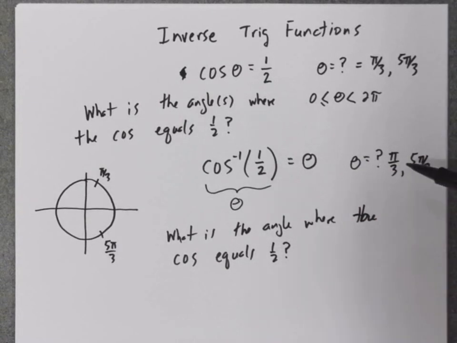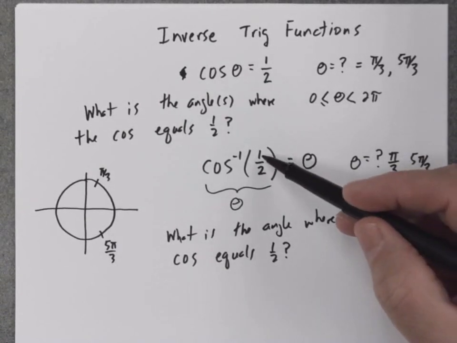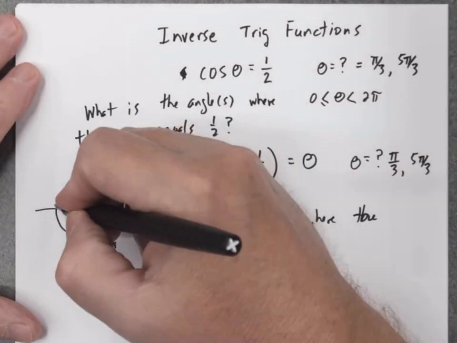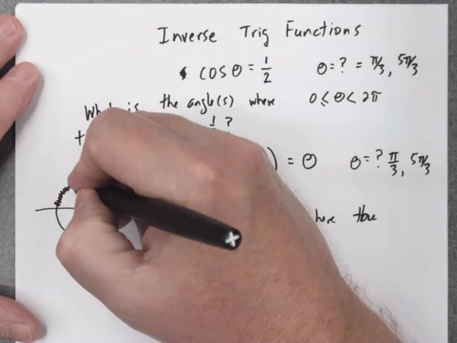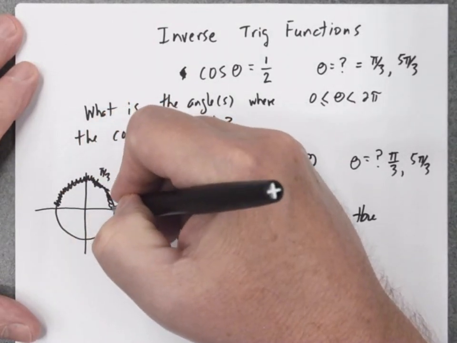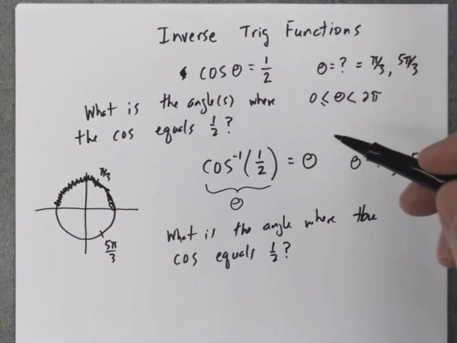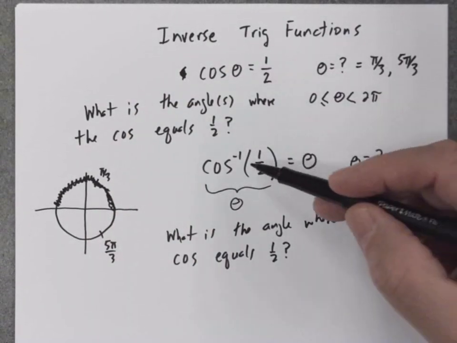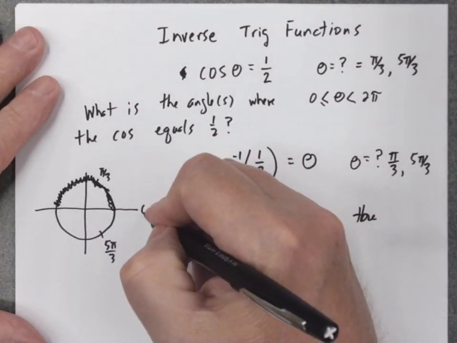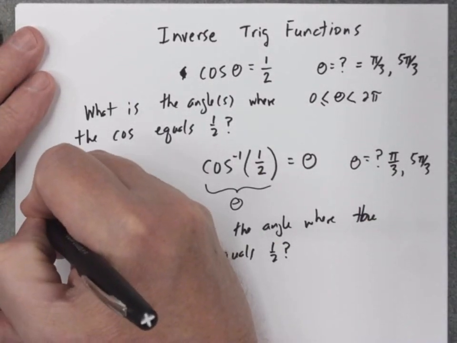Why would the answer to the inverse cosine problem not be the same thing? Well, there's a special rule about inverse trig functions. For inverse cosine, here's what happens. You are limited. The only angles that can be used for an inverse cosine function are the angles between 0 and pi.